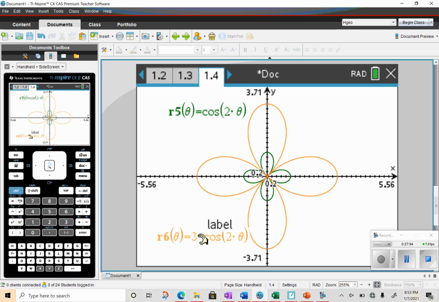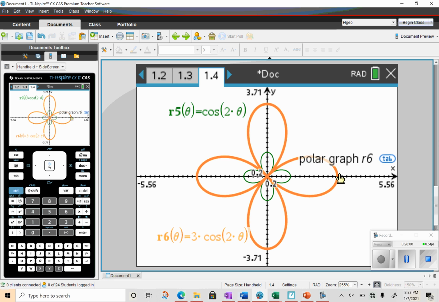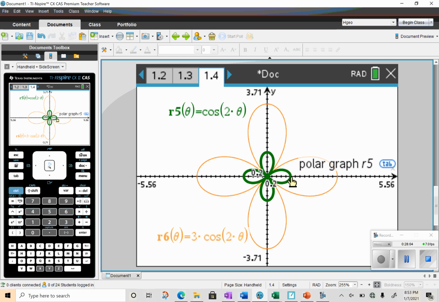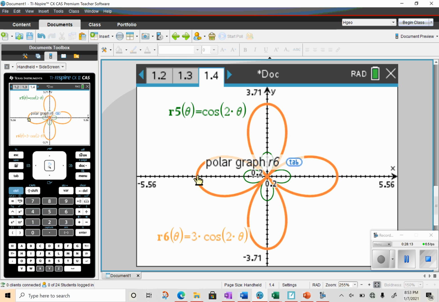But now, with the orange one, by changing that coefficient on the cosine function, I've just increased the size of the leaves. Instead of the 0.10, we have the 0.30 here. Instead of pi, sorry, 1 pi, now I have 3 pi. Okay, so that's what the effect is there for that.